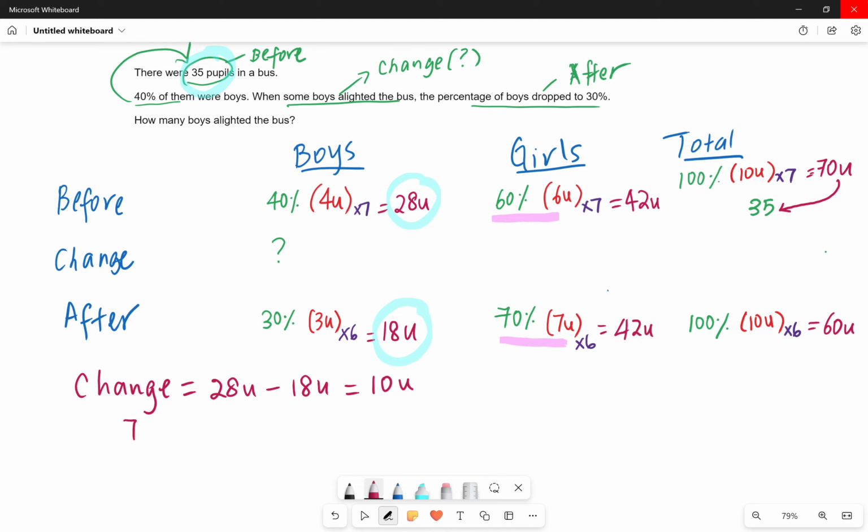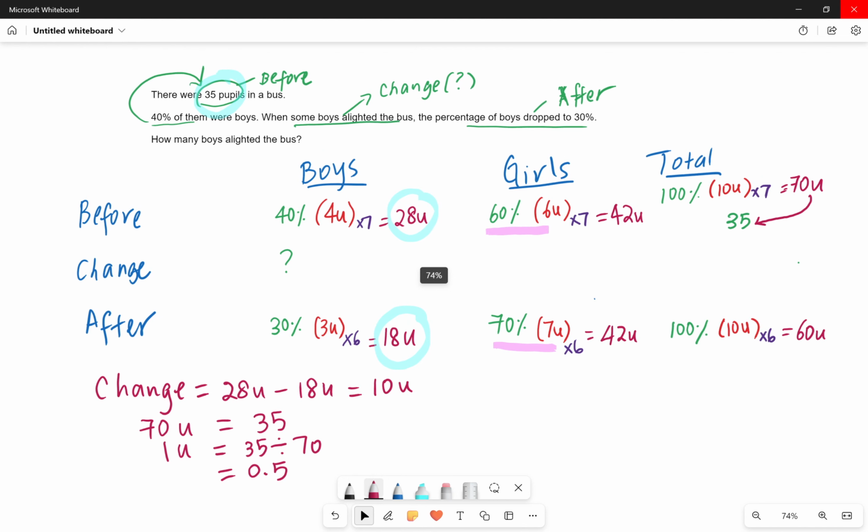So 70u is the 35 pupils, which means 1u, when we solve for it, 35 divided by 70, gives us 0.5. That means 1 unit equals 0.5.